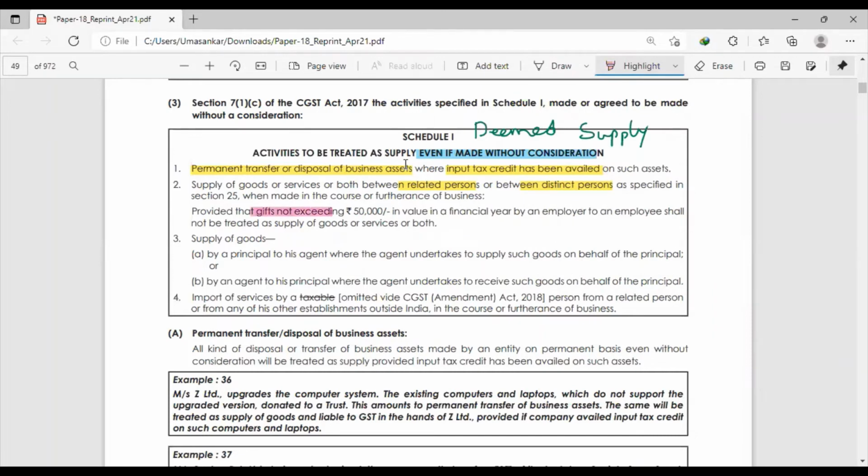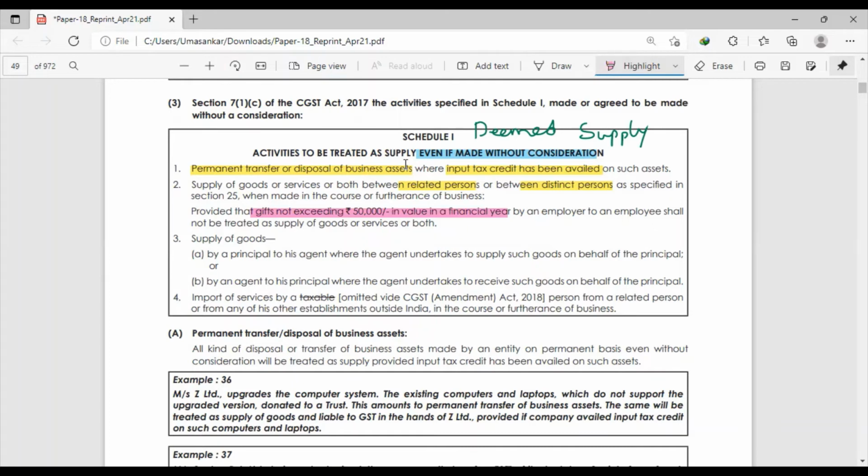Gifts not exceeding 50,000 in value in a financial year by an employer to an employee shall not be treated as supply of goods. Suppose an employer gives any gift to an employee, so that value is 50,000. If it does not exceed 50,000, then it will not be considered a supply. If it exceeds 50,000, then it will be considered as deemed supply, and GST will be paid on the entire amount.